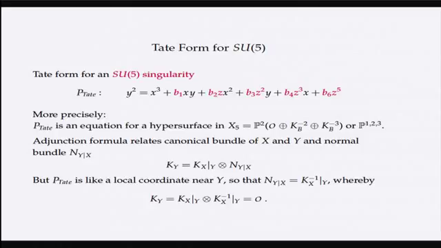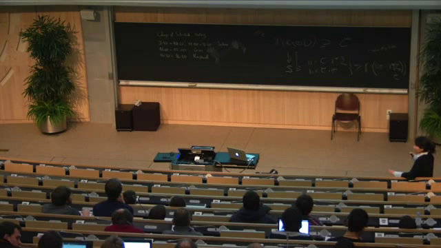I will get to this because, so I call these guys b, and the connection between the Higgs bundles and the Tate form is almost immediate. So you can take a local limit, meaning you can look at the geometry that's close to z equals 0, and then you will get from this right away the spectral cover.